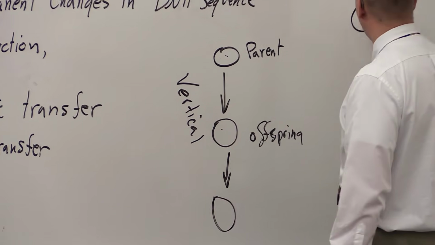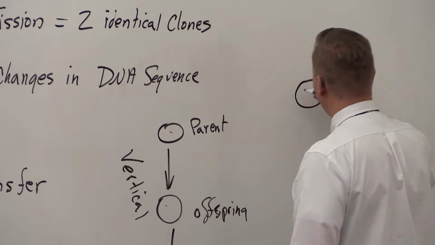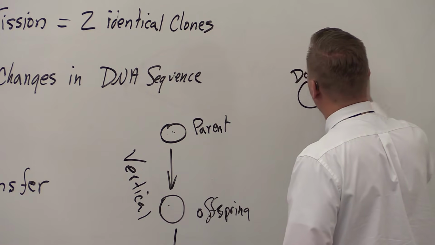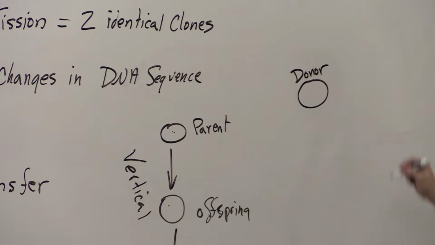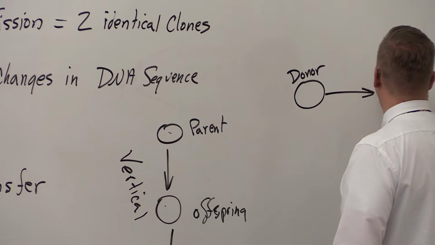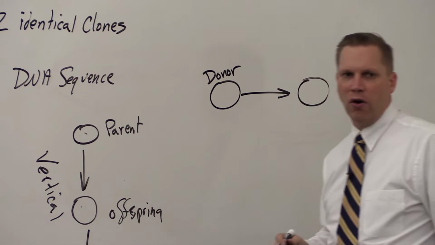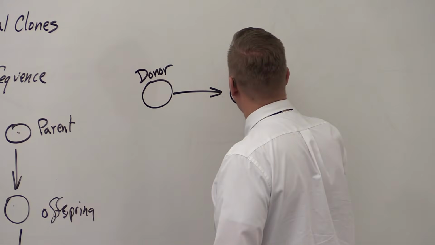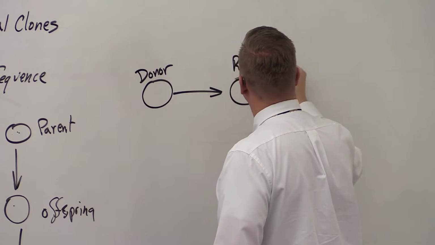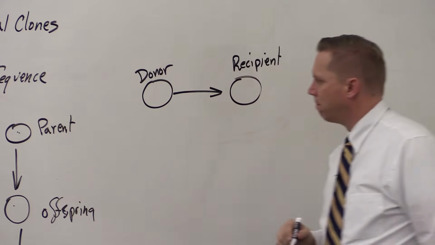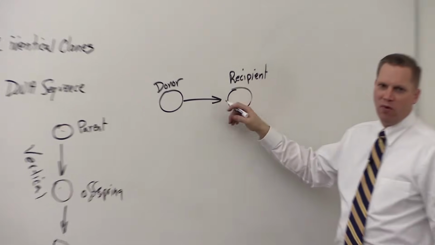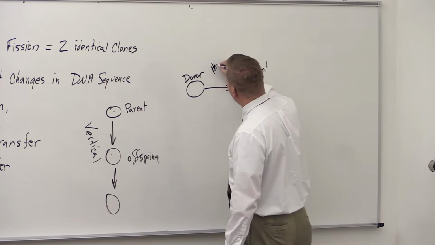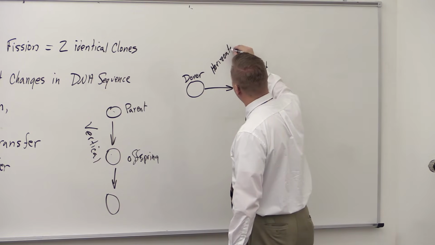Horizontal transfer is where you have, we wouldn't really call it a parent, but you have some kind of donor, and it passes it over to another organism that we call the recipient. And so now the recipient receives some new form of DNA, but notice this would be in a horizontal fashion.